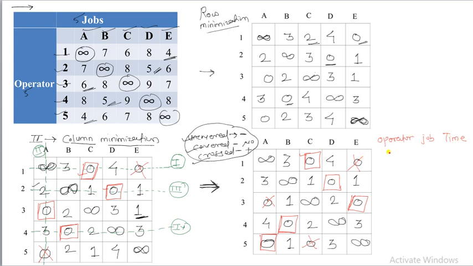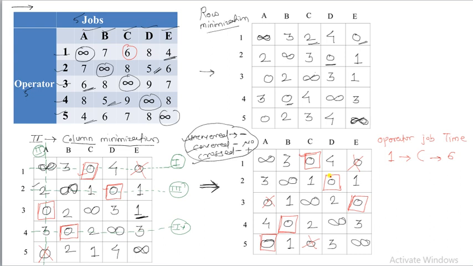Okay, so the first operator has got the c job. Here is the assignment, so you can check the value from this. This value is 6. Okay, the c job has been given, and the time required is 6. It may be minutes or hours, depending upon the unit that has been given.